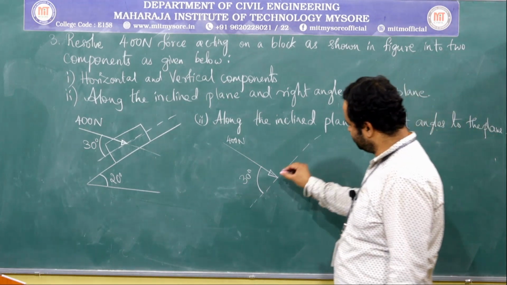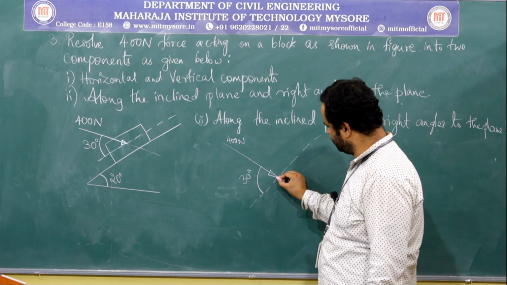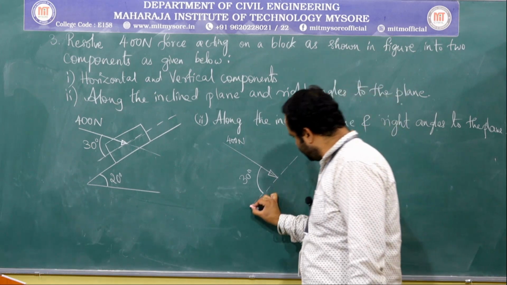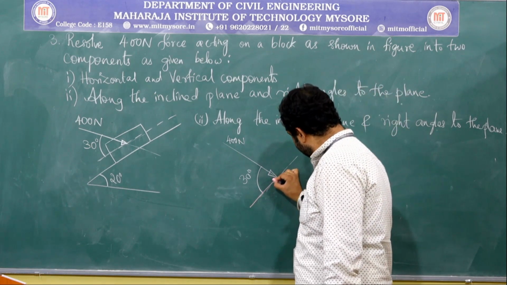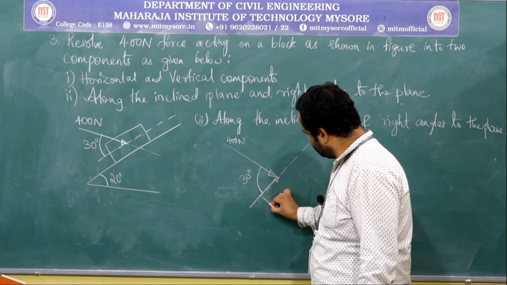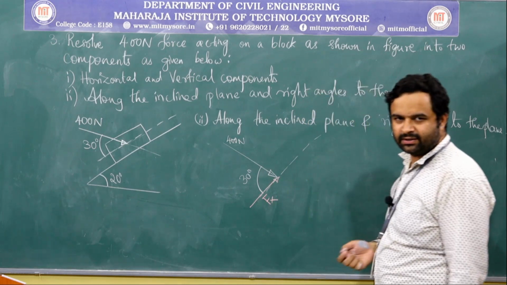So this will be along the plane, inclined plane. So, based on the arrowhead of the 400 Newton force, I can write this and try to find the x component as Fx acting towards right.